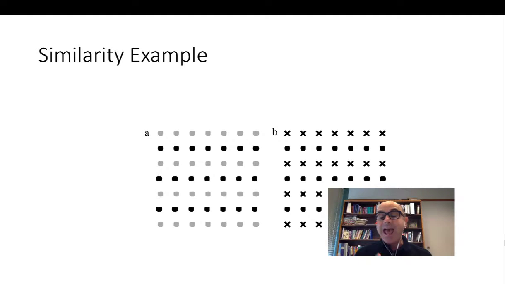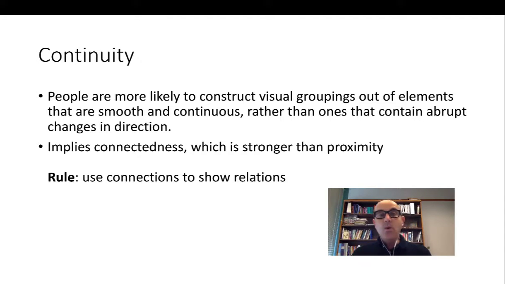The difference between A and C and A and B is that the difference between the X and the circle is much clearer when compared to A and B, where the difference is with colors.